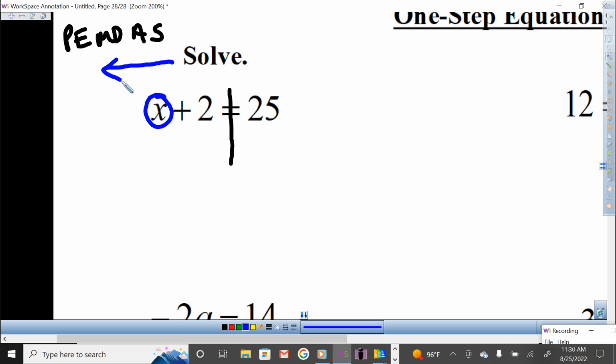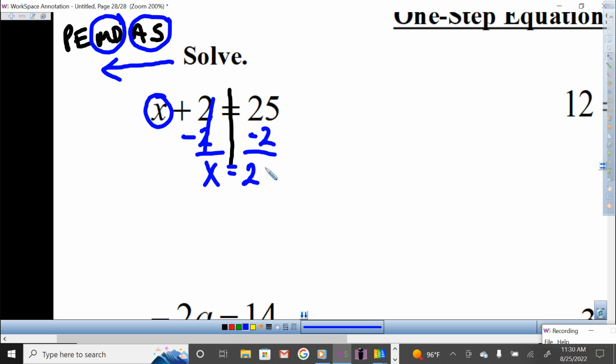That means that we're going to start with wherever we see addition and subtraction first, and then we tackle what? Multiplication and division. So therefore, what operation do you see here? Addition. So therefore, what is the inverse of addition? Subtraction. And we end up with x equals 23, Michael Jordan. Step 3, plot your solution on the number line.